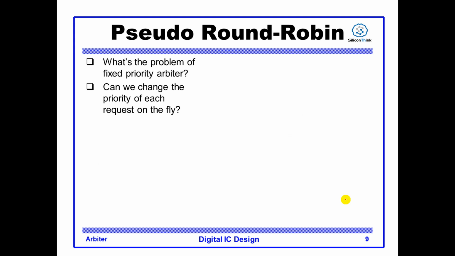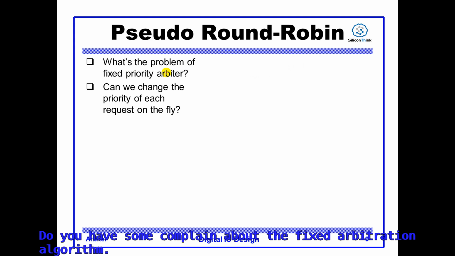Okay, let's go on with the next arbitration algorithm. Someone calls it round robin, but I call it pseudo round robin. I will explain why it's pseudo. So what's the problem of the fixed priority arbiter? Do you have some complaint about the fixed arbitration algorithm?